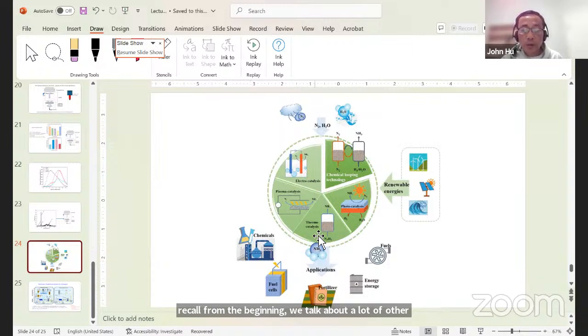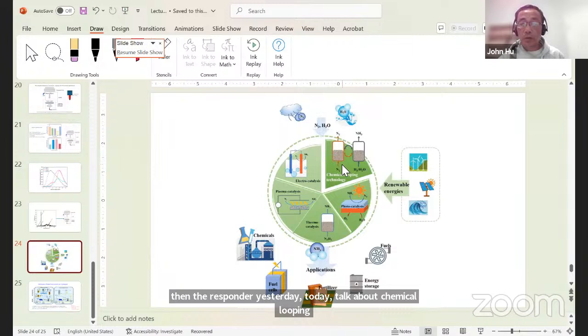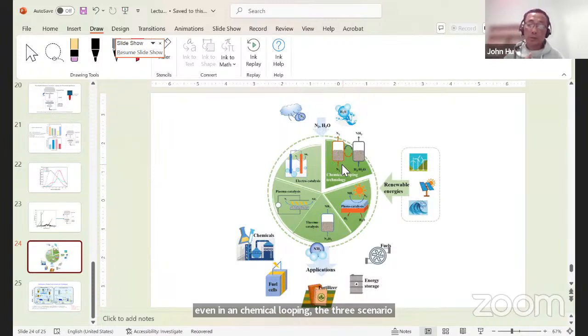Remember, there's always electrocatalysis, and then today we talked about chemical looping. Even under chemical looping, there are 3 heating scenarios. And for the thermal, you should have received 3 papers. And then the last two days we talked about chemical looping, thermally heated chemical looping, and also microwave heated chemical looping. Now we just finished plasma heated chemical looping.